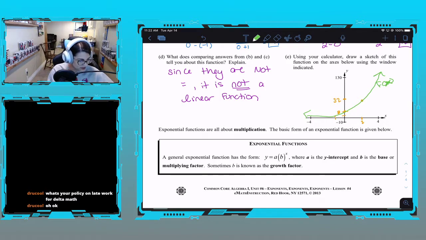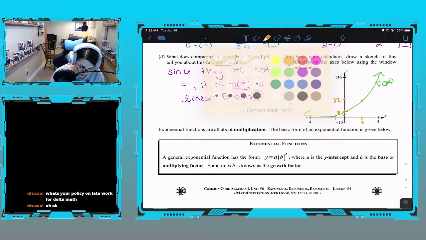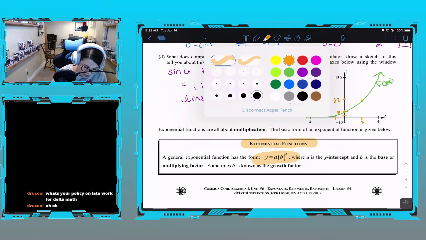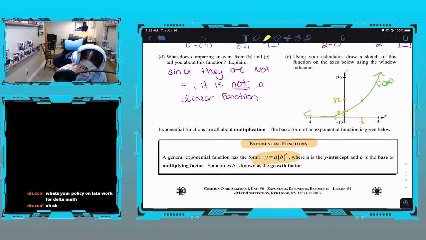So that brings us to the general form of an exponential function, which is y equals a b to the x. If you're writing these notes down by hand, this is something you definitely want to note. So a is our y-intercept, and b is the base or the multiplying factor.